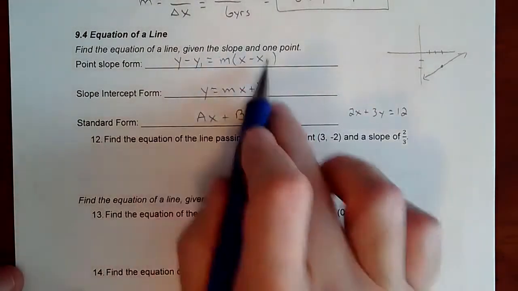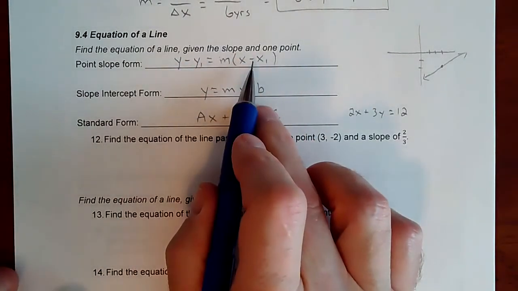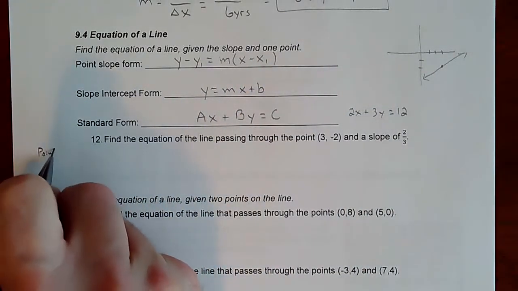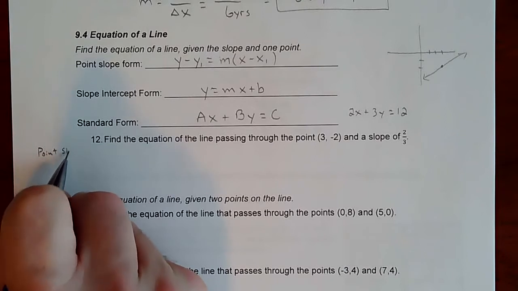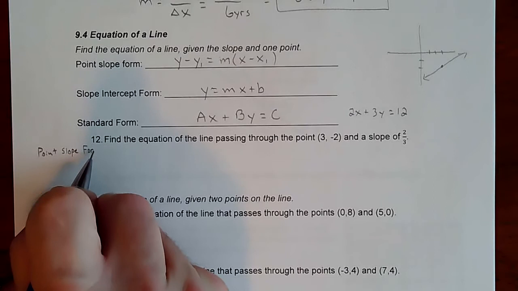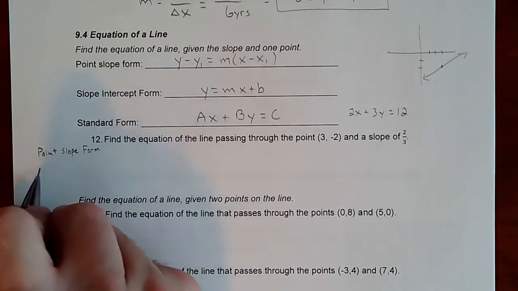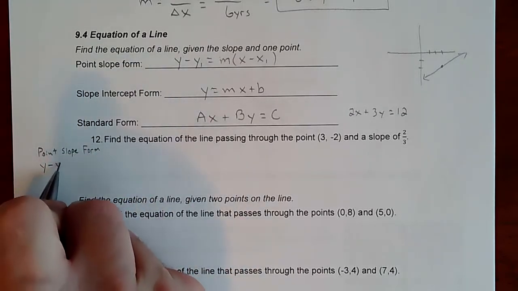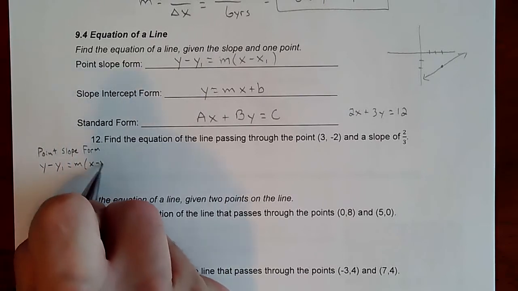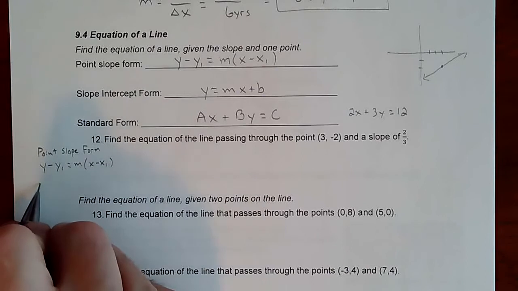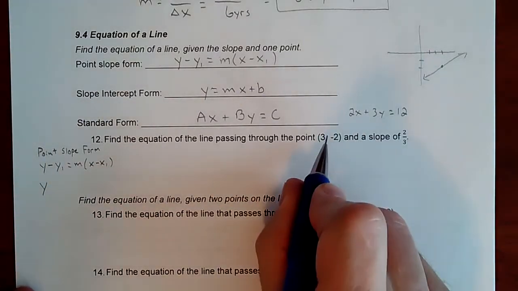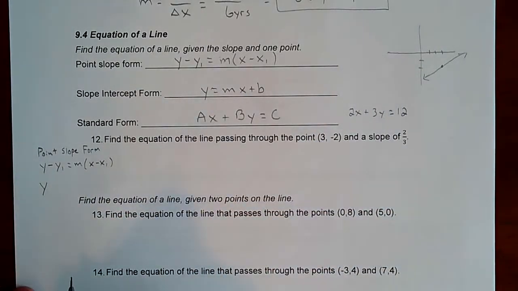If you want to use the formula, here's the idea behind it. We use this point slope form, and it's really more of a formula than a form. It looks like this: y minus y1 equals m times x minus x1. If you have a slope and a point, this is a perfect formula for you.